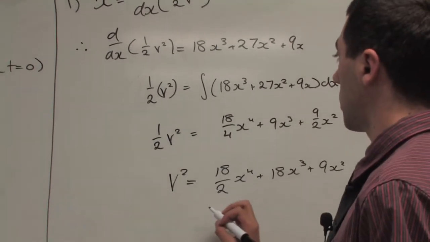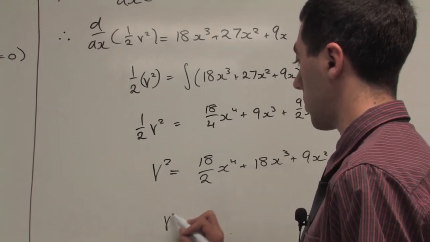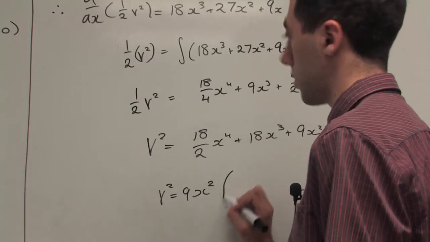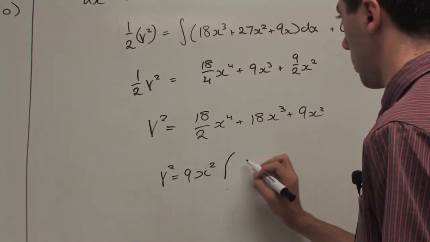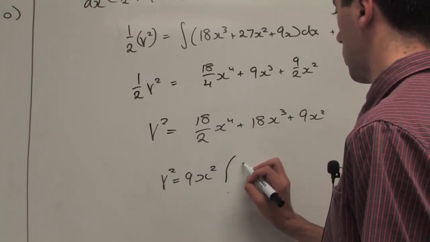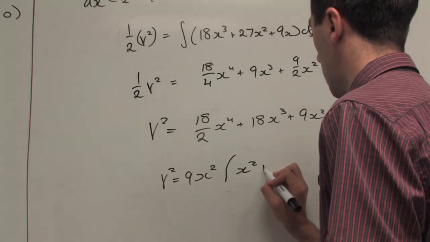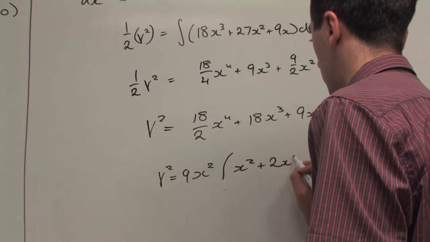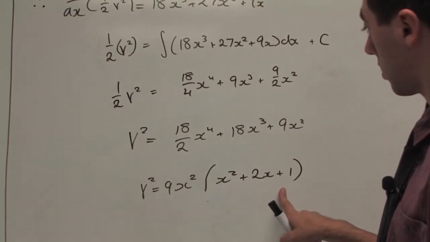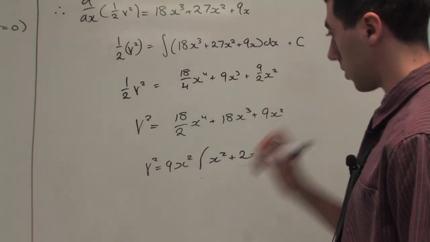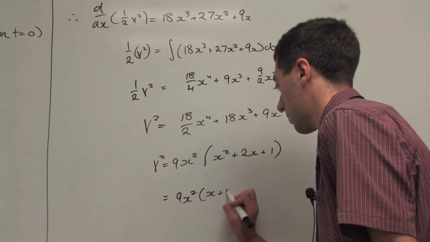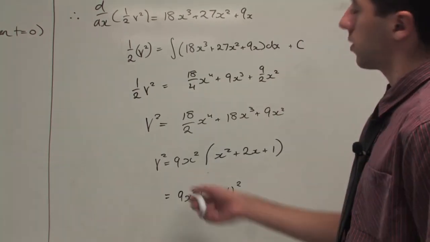So now v squared is equal to, we'll take out 9x squared since it's in the equation there, and now we're going to be left with x squared plus 2x plus 1, and as you might already recognize, this is a perfect square. There you go. That's the first part done.